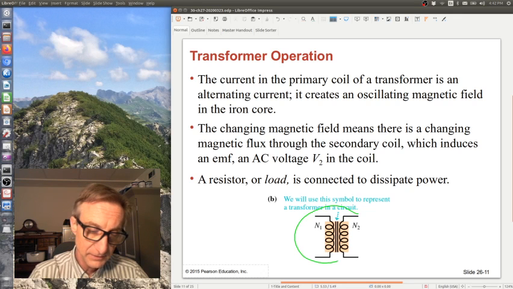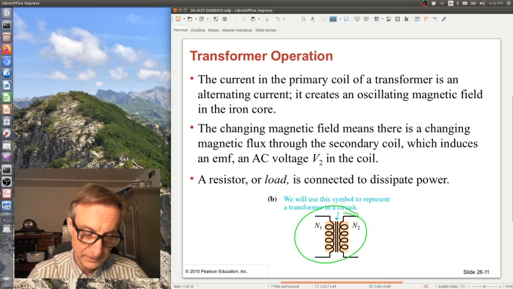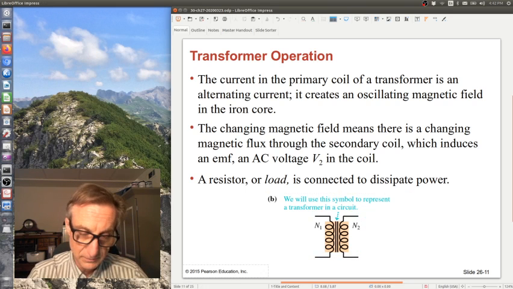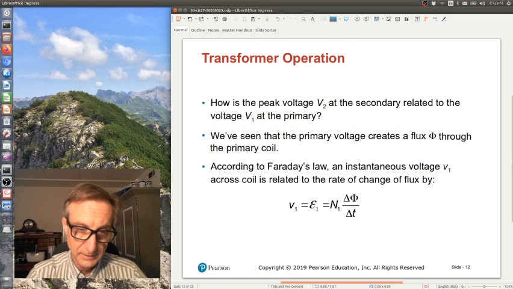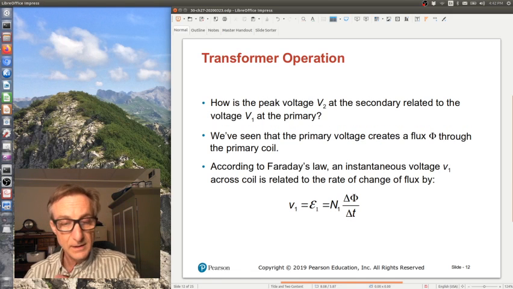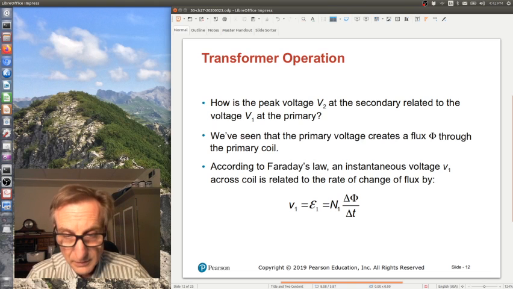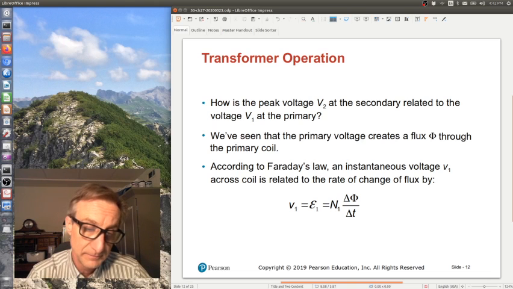Here's the symbol of a transformer that we use in electric circuits. It consists of a primary and secondary coil with number of turns N1 and N2. So the question we can ask is, how is the peak voltage V2 at the secondary coil related to the voltage V1 in the primary coil?